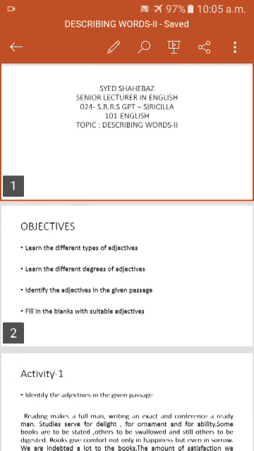So these are the examples of formation of degrees of comparison.